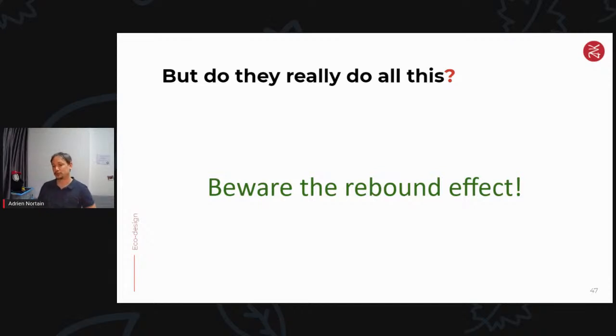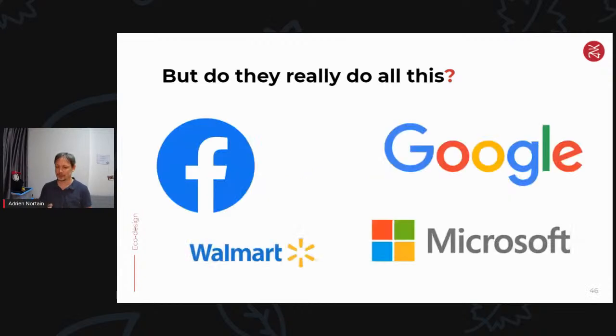We have to be very aware of the rebound effect. One of the main reasons we have to be aware of that is that most of the business models that these companies promote is actually based on the consumption of the services. Walmart is going to encourage you to buy more. Facebook, they are going to encourage you to stay more on their application.